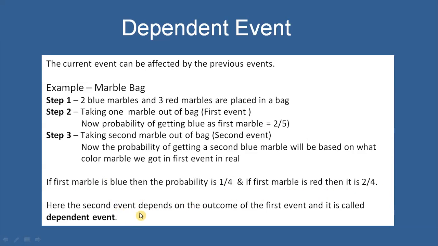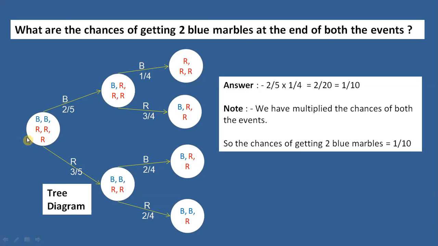Here the second event depends on the outcome of the first event, and it is called a dependent event. So in the first event, I choose a blue marble. Now the sample space becomes 1 blue marble and 3 red marbles. From this I am choosing a blue marble.